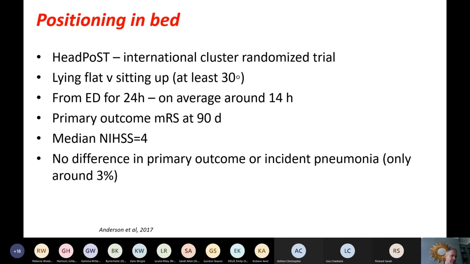The knock-on effect was that when they looked at pneumonia in this trial, they found no real difference, but they found what was really expected to be a very low incidence of pneumonia. Only 3% of patients in this very mild stroke group actually got pneumonia. So unfortunately, HeadPost does not tell us, despite being a massive trial, whether laying people flat or sitting them up is beneficial from the point of view of developing pneumonia.